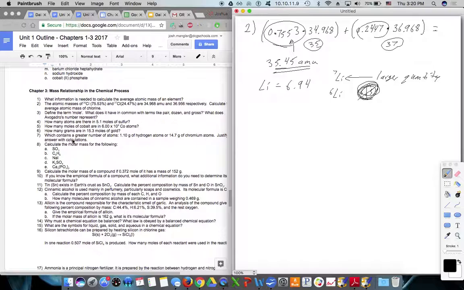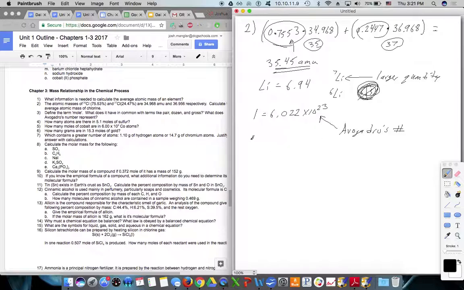So a mole is just another counting unit, and 1 mole is equal to 6.022 times 10 to the 23rd. And this is called Avogadro's number. Just to help you remember this, that is what I named my cat. My cat has the name Avogadro. We call her Avi. Who cares?